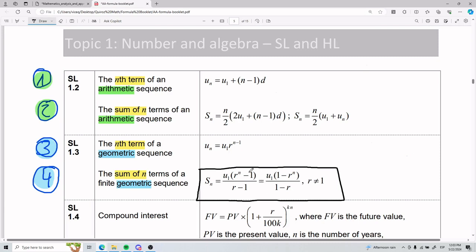That means the equation on the left is the same as the equation on the right. Do they ask for the same things or not? The one on the left asks for u1, r, and n. The one on the right also asks for u1, r, and n. So both of these equations are technically the same. They might just be laid out differently.